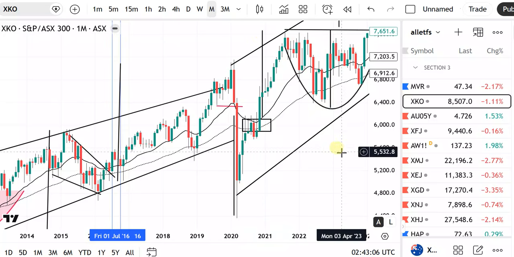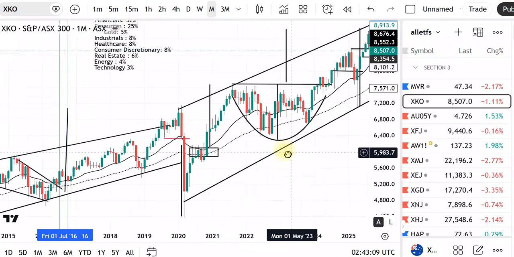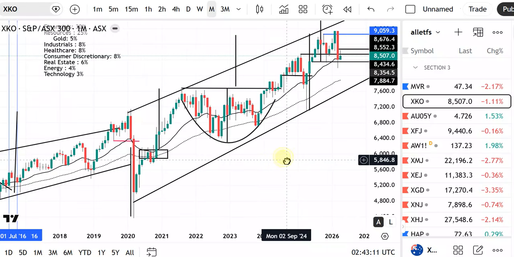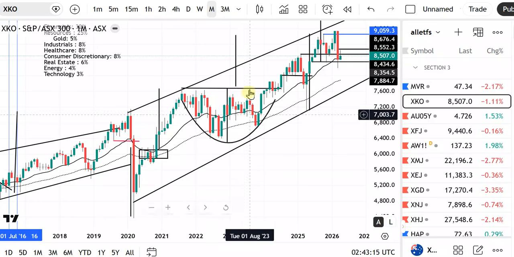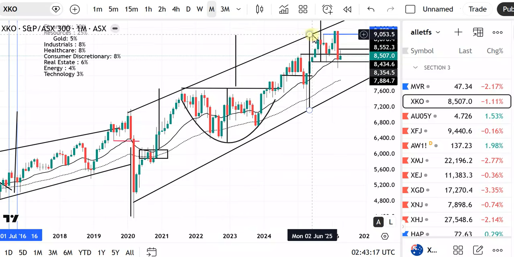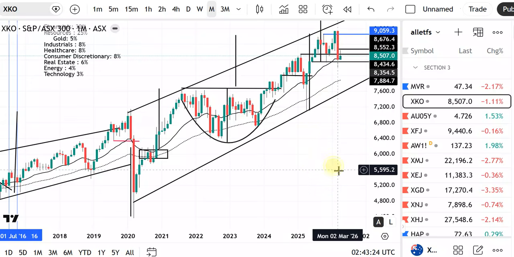Gave us a projection up here. Then we went into another little rounded bottom, and the depth of there gave a target price of where we got to a couple of months ago, because these are monthly charts.